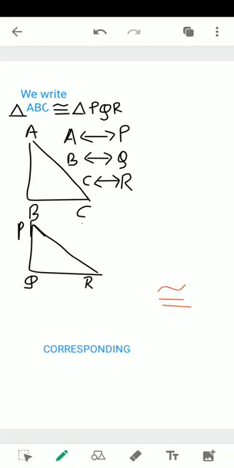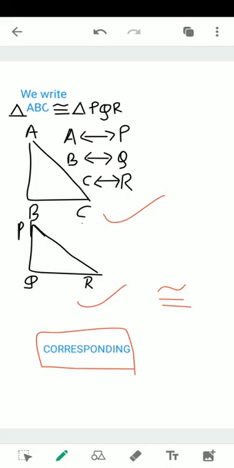Before we move ahead, you need to understand the concept of corresponding. Corresponding means related to each other. Please be clear about this concept. Here I have drawn 2 triangles, triangle ABC and triangle PQR.